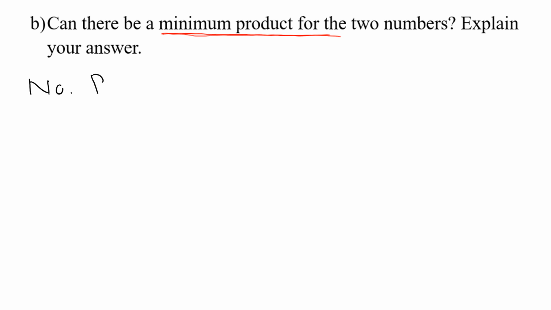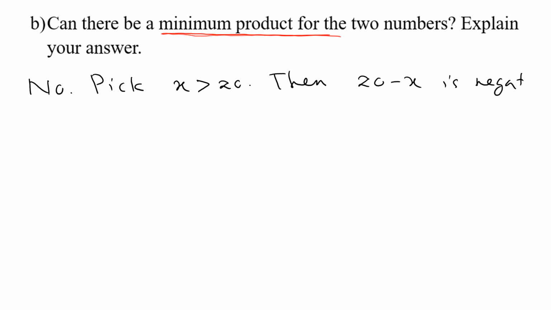So we can pick x which is greater than 20. If you look at the number 20 minus x, it is negative, because x is bigger than 20. You also notice that if you add the two numbers, x and 20 minus x, they add up to 20, because the x cancels out.